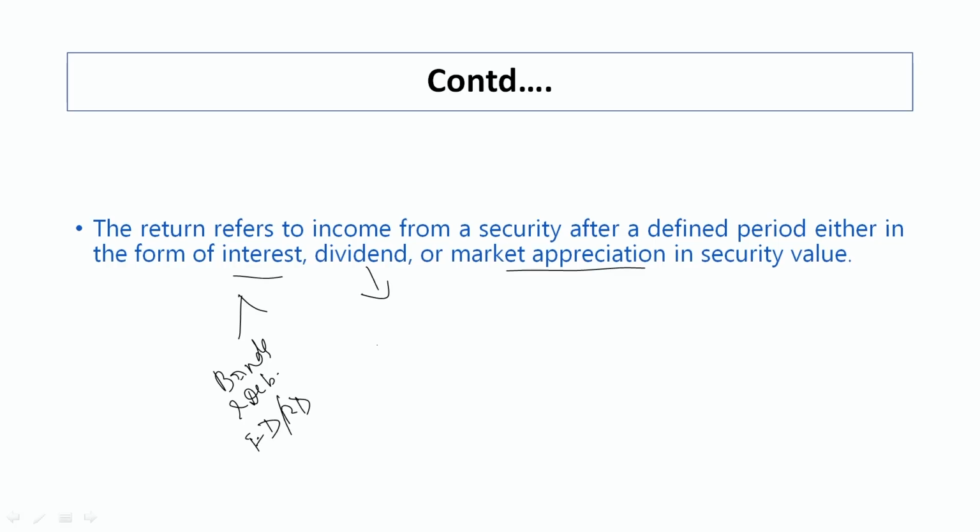Dividend in case of shares, and market appreciation in case of real estate, gold and silver, bullion, artifacts, where the capital value of the particular asset increases, that is termed as market appreciation.